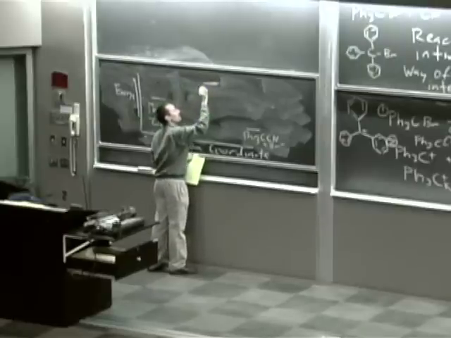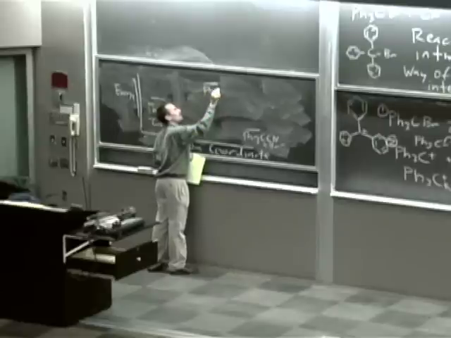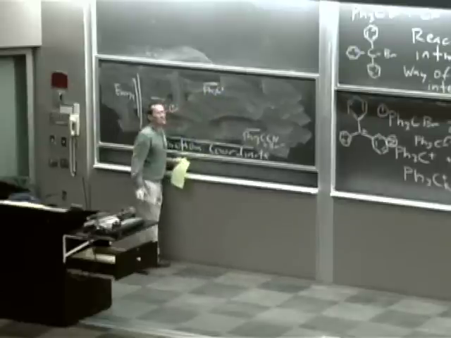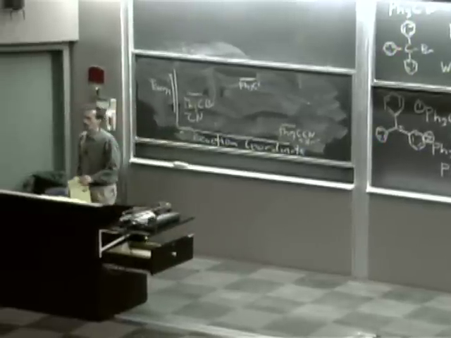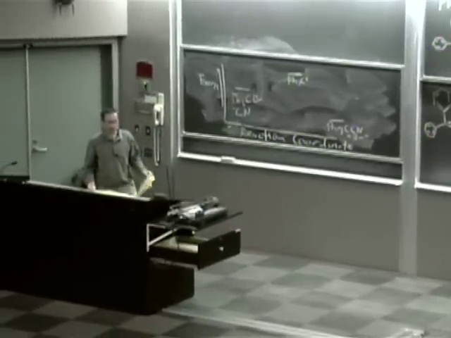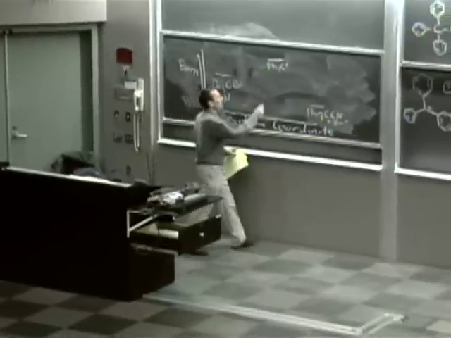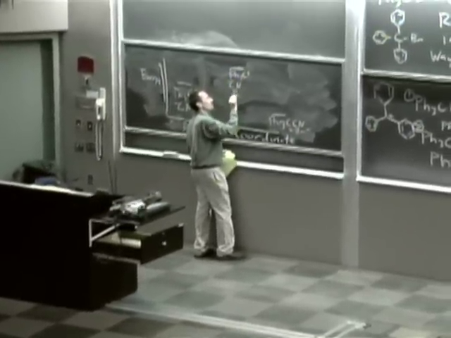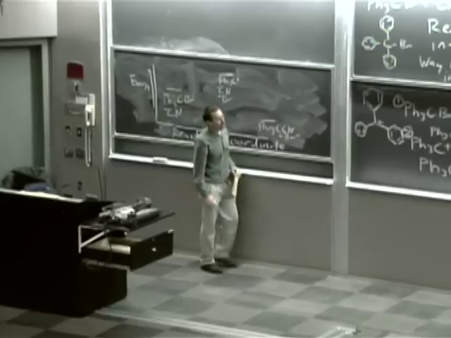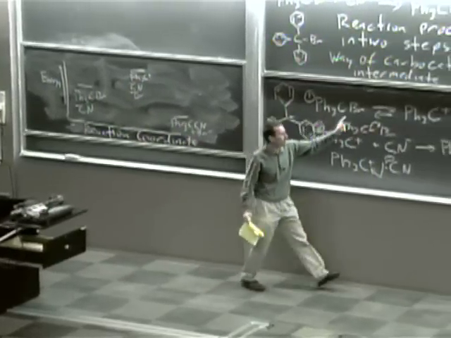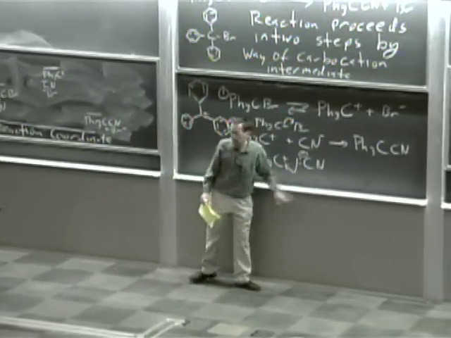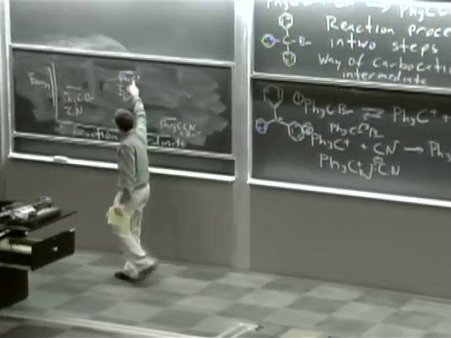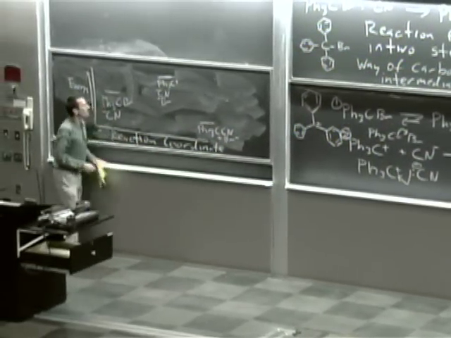I'll draw it up here. And of course, in addition to the carbocation, we have our cyanide in the whole mixture, and we have our bromide, and that's what happens at the end of step 1. And so that is somewhere up higher in energy.